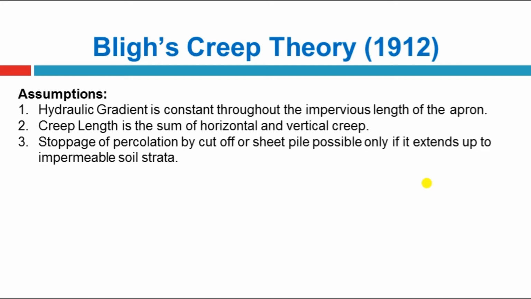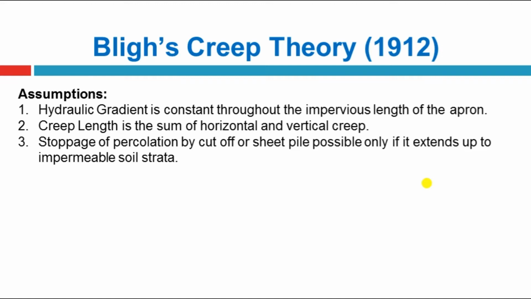Now, Bligh's theory has some limitations. Bligh made no distinction between the creep in the horizontal direction below the floor and the creep in the vertical direction along the faces of the piles. It also has some assumptions. The assumption is that the hydraulic gradient is constant throughout the impervious length of the apron, but that is not possible in practical cases.